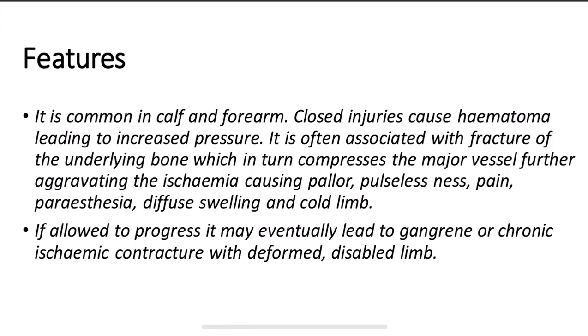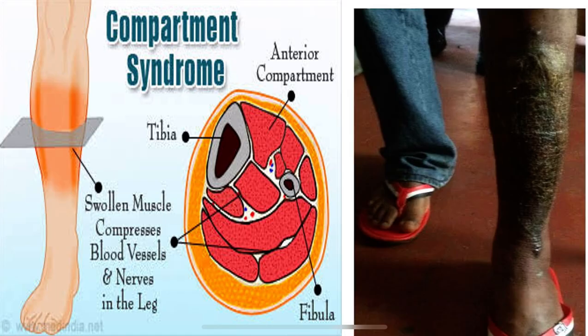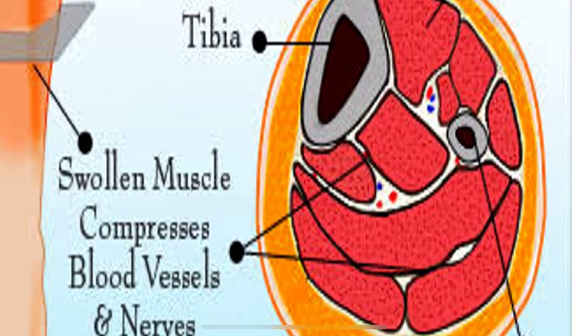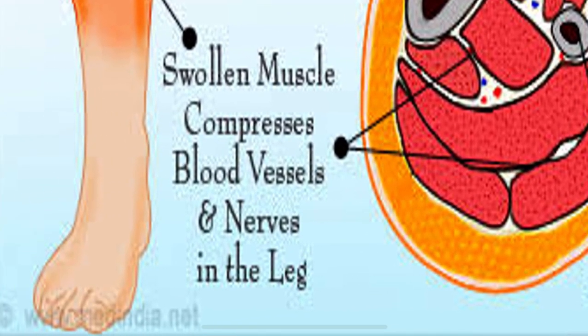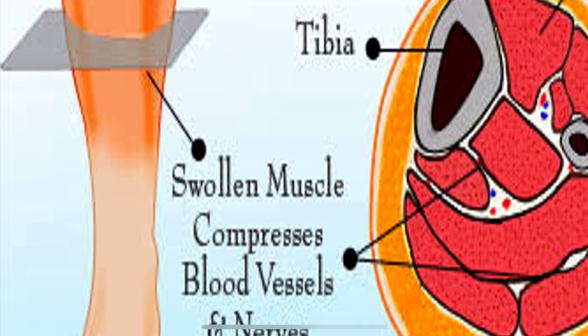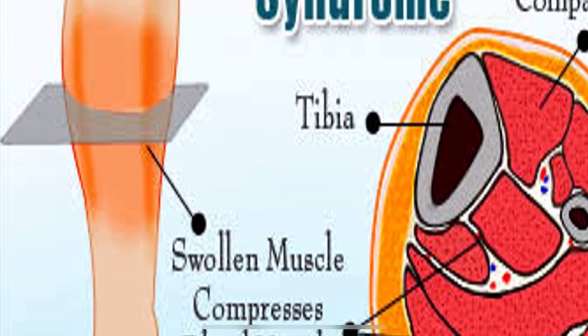If the compartment syndrome is allowed to progress, it will eventually lead to gangrene. Ischemia ends up in gangrene, that is the death of the tissues, and chronic ischemic contracture with a deformed, disabled limb. You can see here the anterior compartment, tibia, fibula, and the swollen muscles which are compressing the blood vessels and the nerves in the legs.